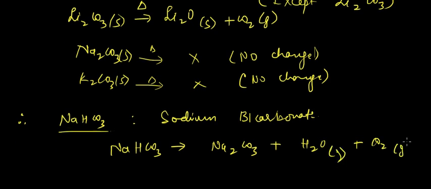H2O and CO2 would be gaseous, and Na2CO3 would be solid. This is also solid residue. So obviously you can balance the reaction with 2 moles of NaHCO3 here and 1 mole of Na2CO3.